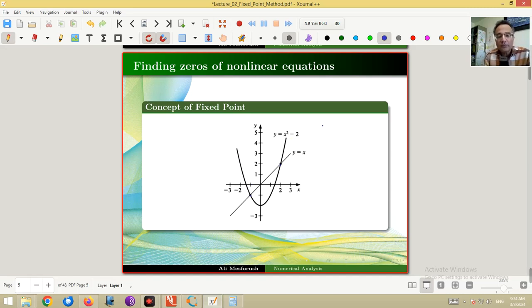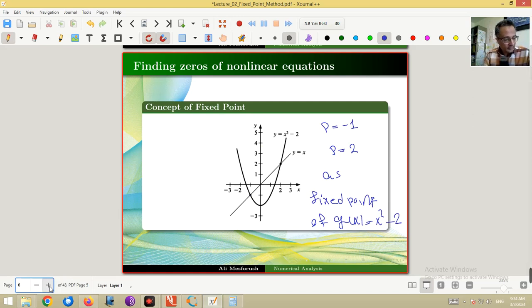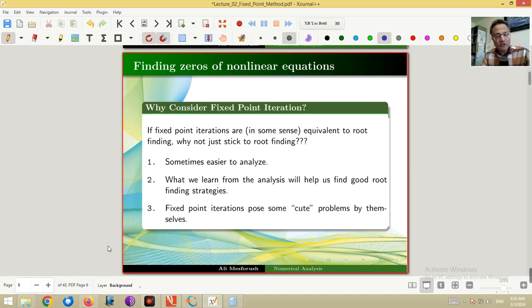So there are two fixed points, p equal to minus 1 and p equal to 2, of g of x equal to x squared minus 2. This is the geometrical illustration of the fixed point for function g.